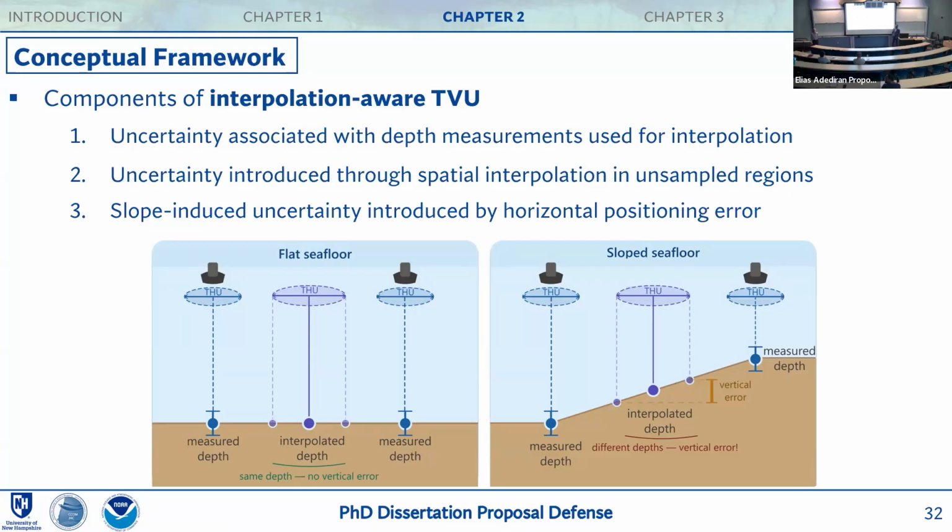And I think you're getting a little misdirected by thinking about the horizontal uncertainty, because if it's a CUBE measurement, that's been incorporated into the TVU, but that doesn't account for the fact that you don't know the slope between the grid nodes, and that's going to have a huge impact. So I think it's just a semantic issue, really.